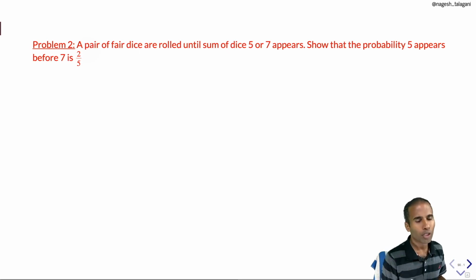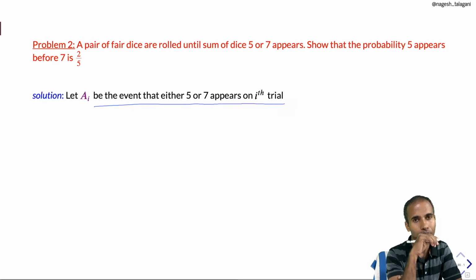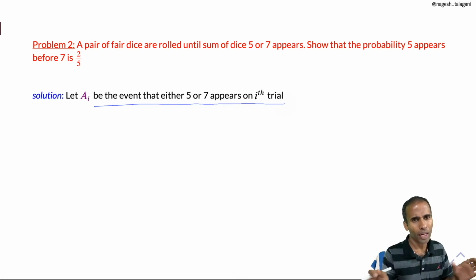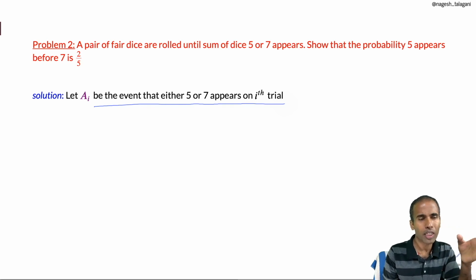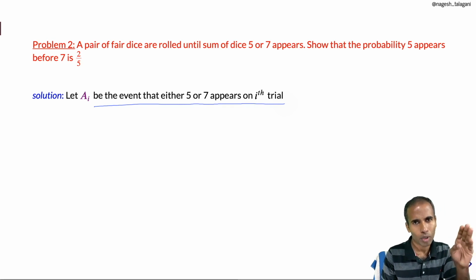Let's define a few events here. Let Ai be the event that either 5 or 7 appears on the ith trial. See, on any trial, we are rolling a pair of dice, right? There will be 36 possible outcomes, of which 4 will be favorable to getting sum 5: 1,4; 4,1; 2,3; 3,2. These 4 are favorable for getting sum 5.